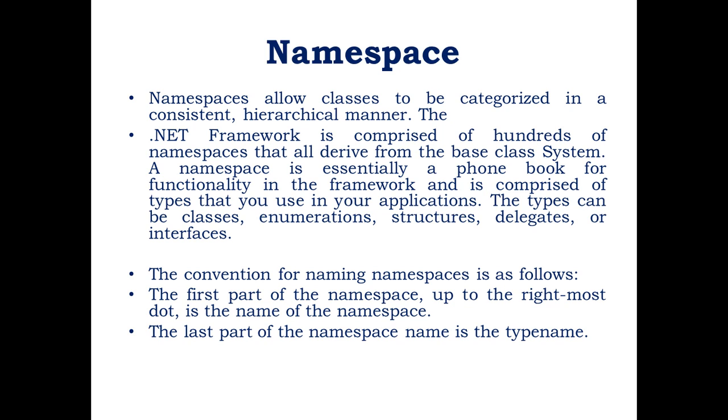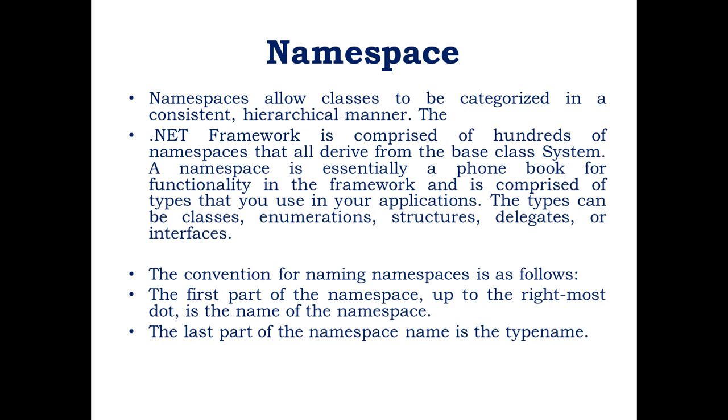Namespaces allow classes to be categorized in a consistent hierarchical manner. The .NET framework is comprised of hundreds of namespaces that are derived from the base class System. A namespace is essentially a phone book for functionality in the framework and is comprised of types that you use in an application.